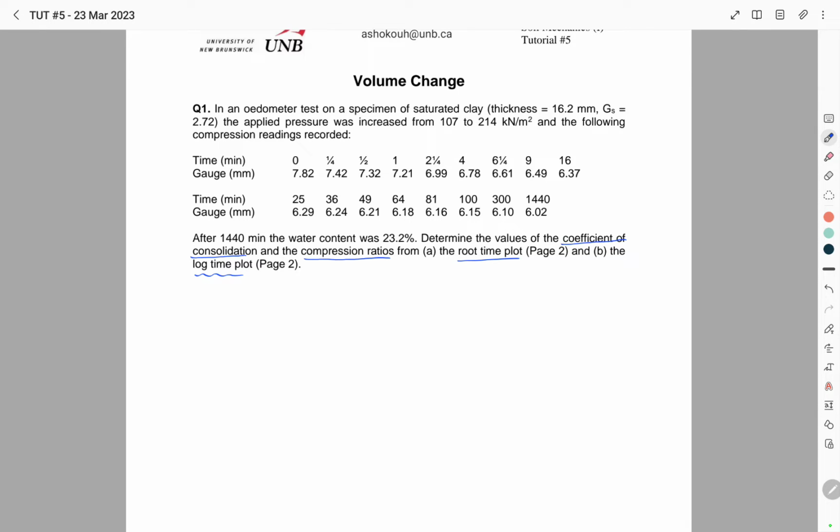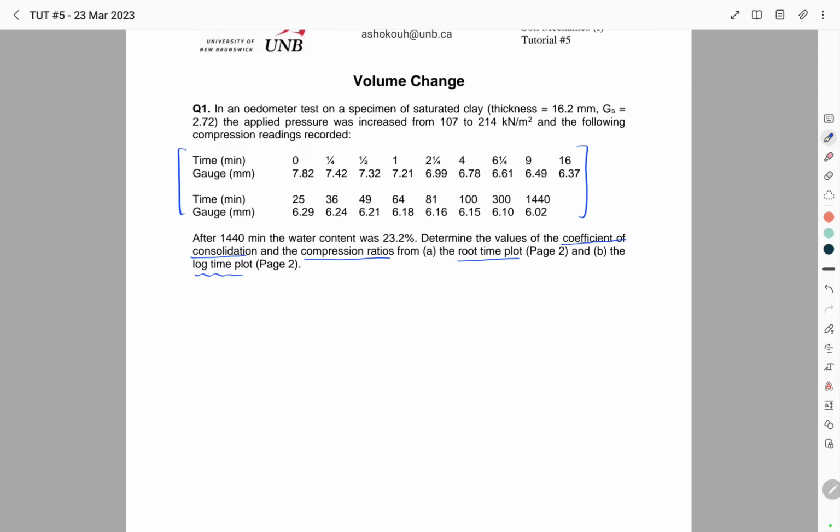In these types of questions, this is very similar to example 4.3 of your textbook. The first step that you have to take is drawing the graphs using the results that are given to you.